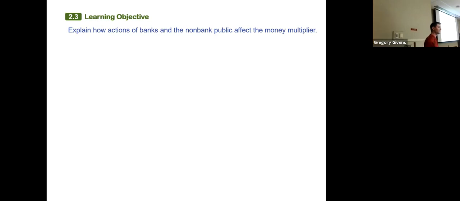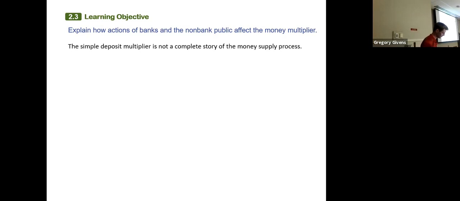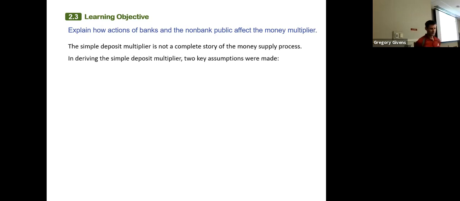And those reasons are traced back to some of the assumptions that we made in deriving the simple deposit multiplier. The two assumptions, which hopefully you saw as we were going through the derivation, were, first and foremost, that banks in our example never elected to hold any excess reserves.